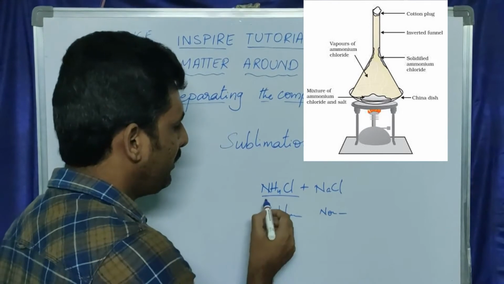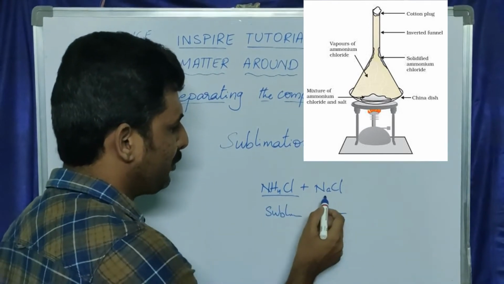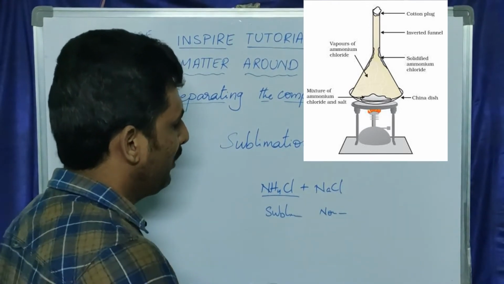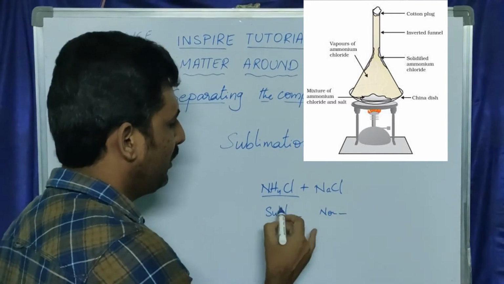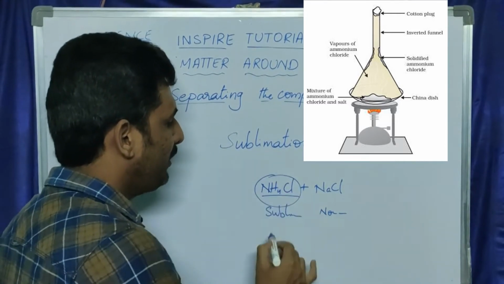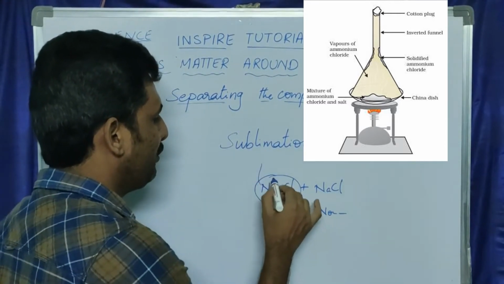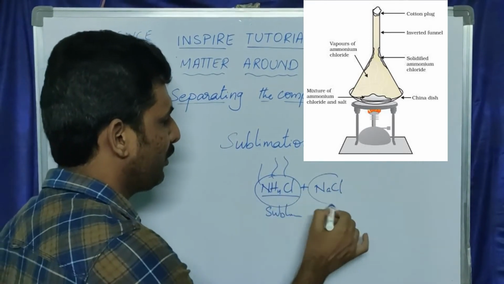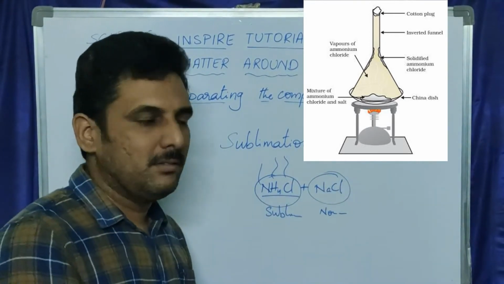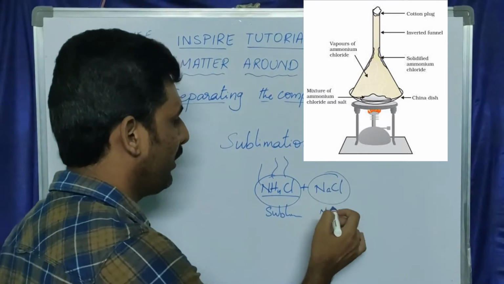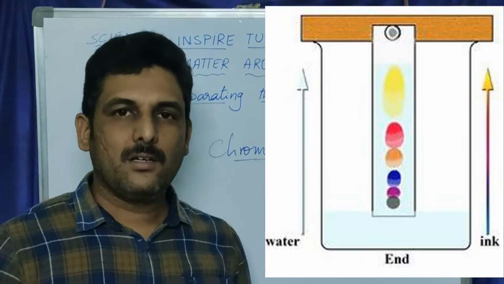So when you heat this mixture, ammonium chloride being sublimable, it gets vaporized, leaving the sodium chloride behind in the container.